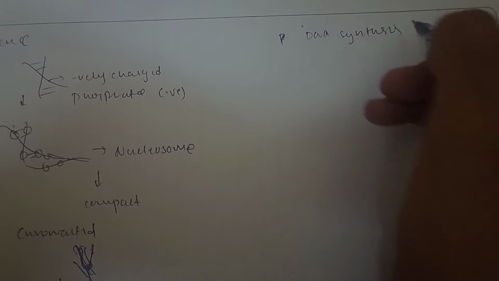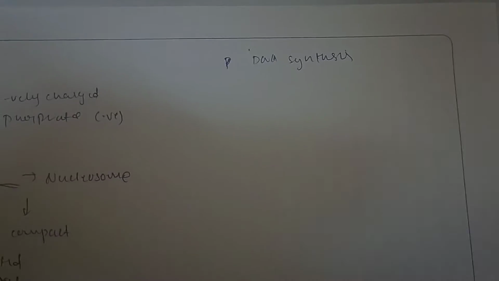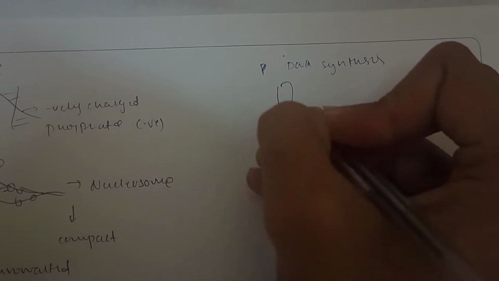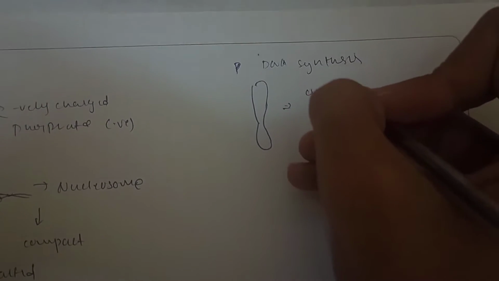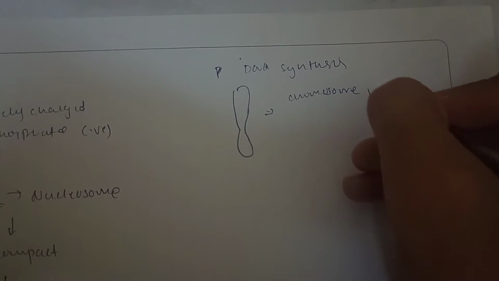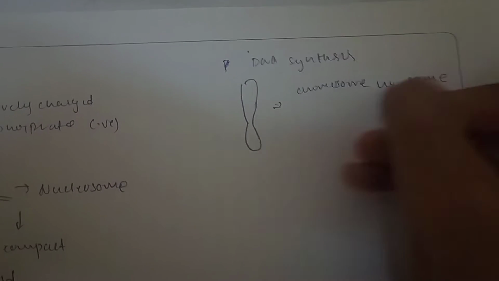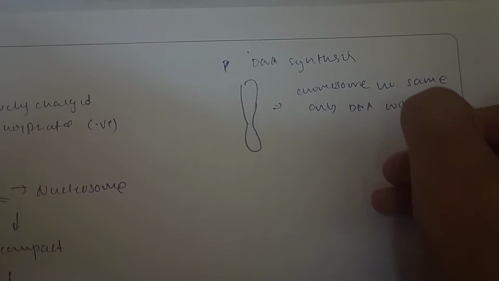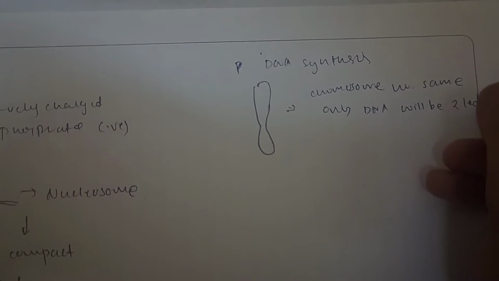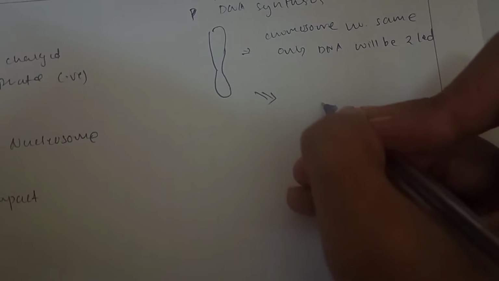After DNA synthesis occurs, in prophase the DNA synthesis will occur. First it's a chromosome. If DNA synthesis occurs, the chromosome number will be the same, but only the DNA will be doubled. We can show it by the structure.